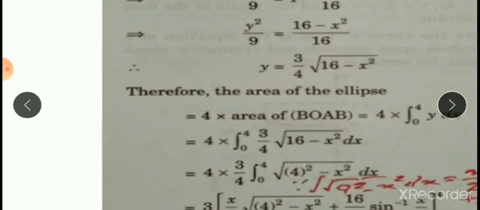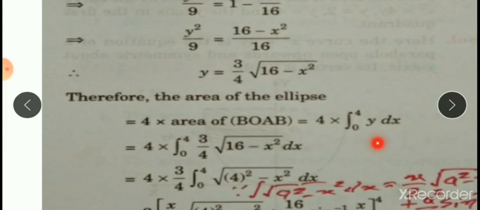Our required area is 4 times the area of the first quadrant. Here, 4 into integration 0 to 4 of y dx. You can see the limits: x is equal to 0 to x is equal to 4, that is 0 to 4.